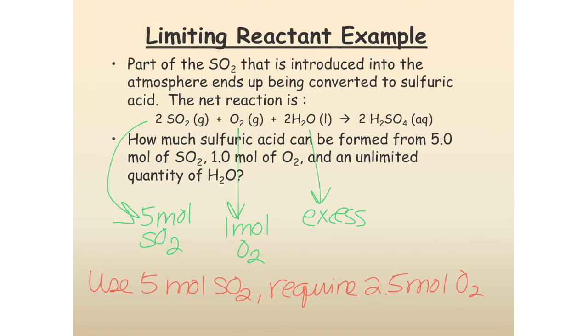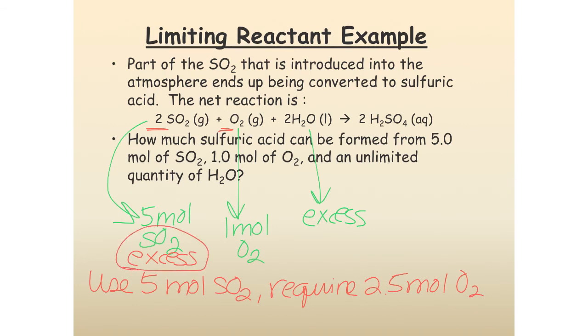The reason why, because these are in a 2-to-1 molar ratio. All right, so if I'm going to use all 5 moles of SO2, that would require 2.5 moles of O2. I don't have that much. Therefore, this is not going to work. So that tells me that my SO2 is going to be present in excess.